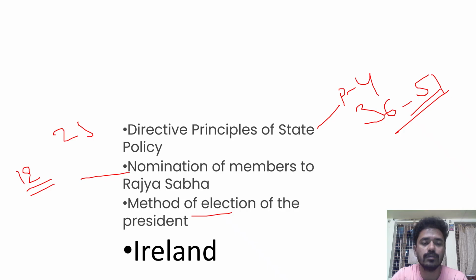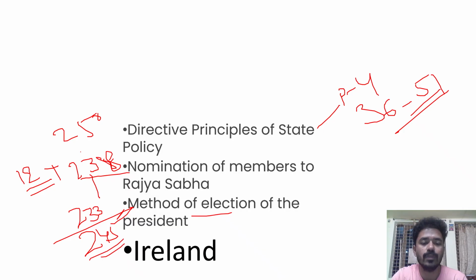Maximum strength of the Rajya Sabha we know is 250. 12 members nominated, that means 238 can be elected. Now we are having 233 members elected, so we are having only 245 members strength in the Rajya Sabha. Rajya Sabha is a permanent house. And next, method of election of the president.